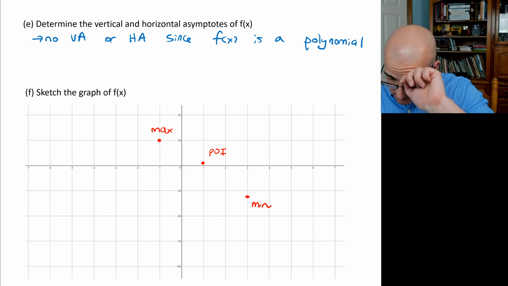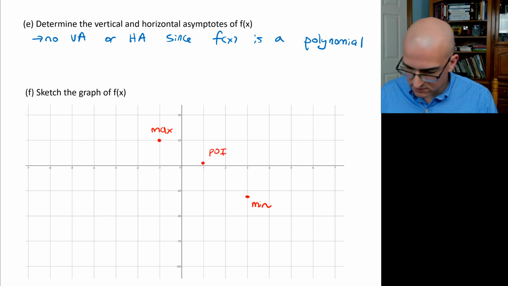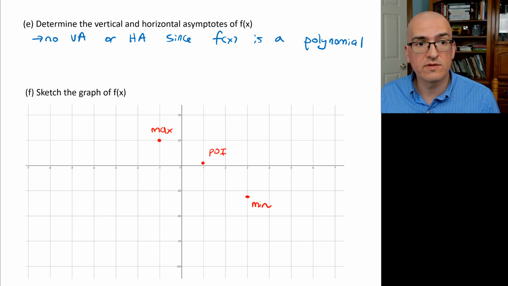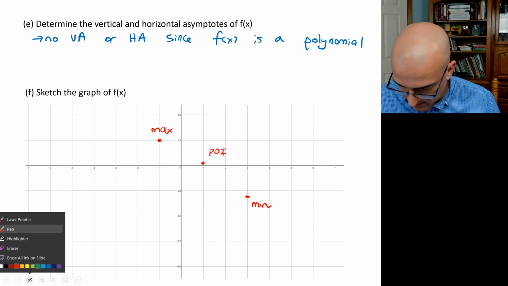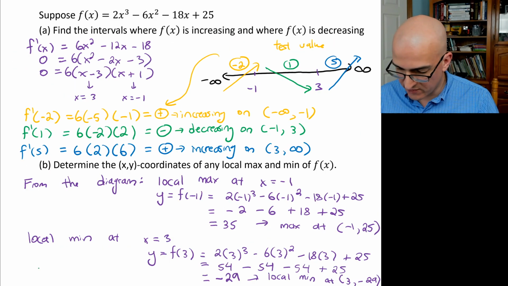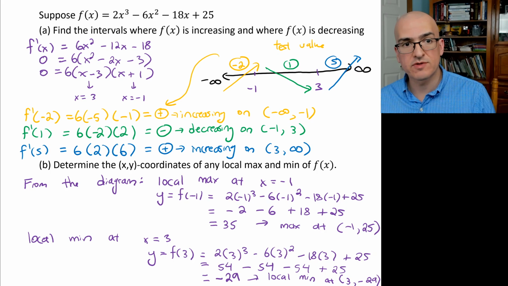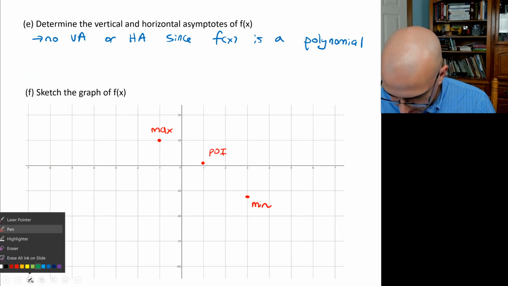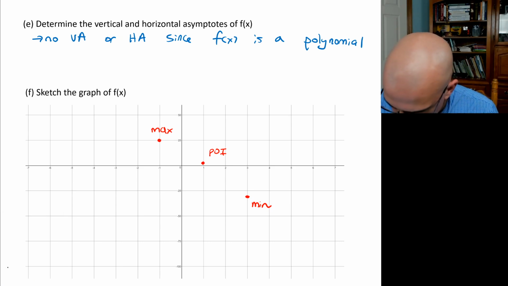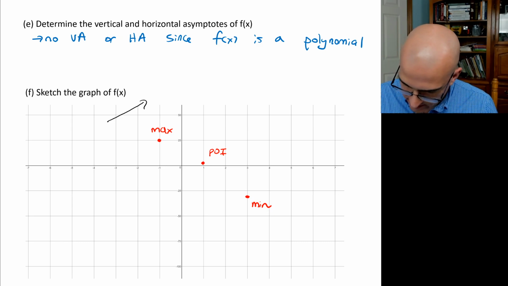Okay. Now we have to see how to connect those dots. It is the case that we have a function that is going up, down, back up. So I'm going to draw those arrows, up, down, back up. So it's going up like this, then it's going down until we hit 3, and then it's going back up.